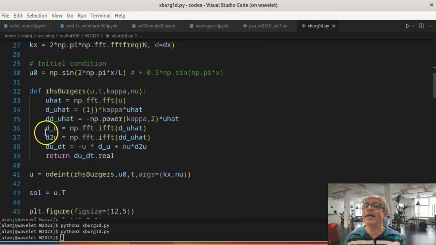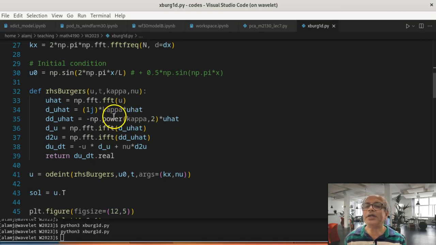Then I calculate the second derivative on line 35. For the second derivative I multiply twice. So ik times ik is i squared k squared, or minus 1 times k squared.